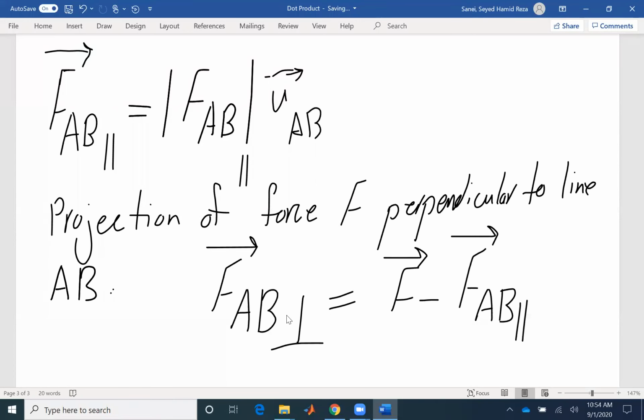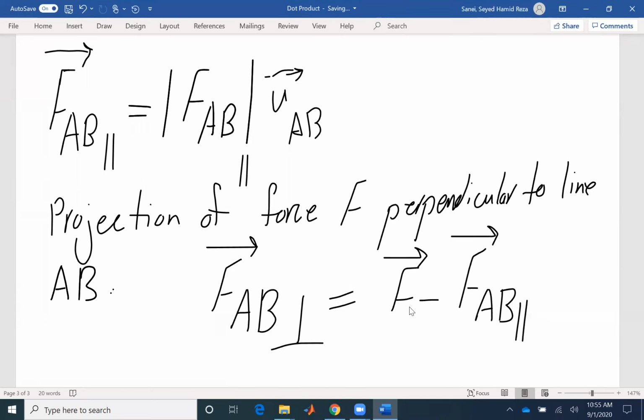Again, this is vector summation. Subtraction is also a subcategory of a summation. So if a vector F has two components, a perpendicular component and a parallel component, if you subtract the parallel component, you're going to have the perpendicular component. And if you write these vectors in Cartesian form, that's how we find it, by multiplication of the unit vector, subtraction would be subtraction of the components.